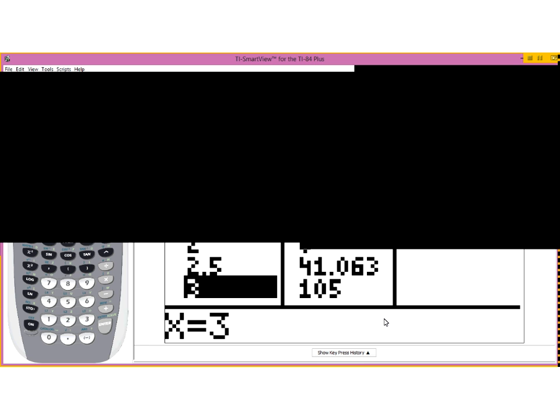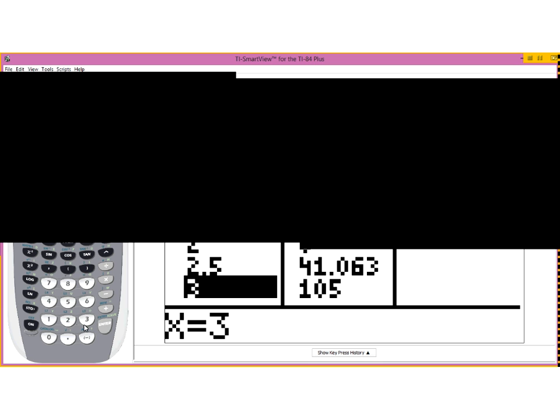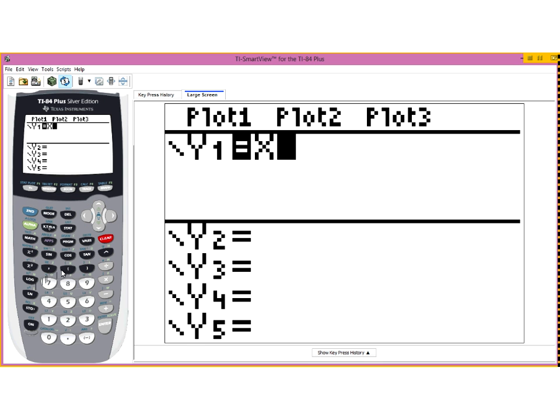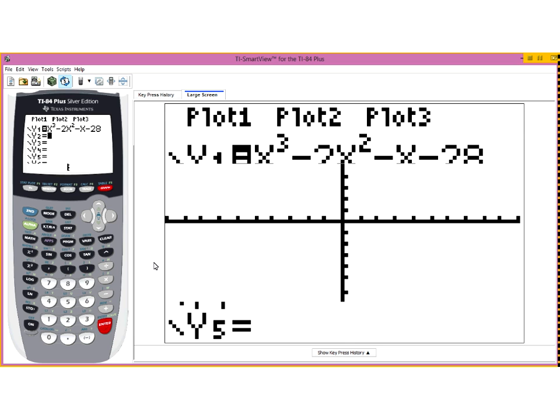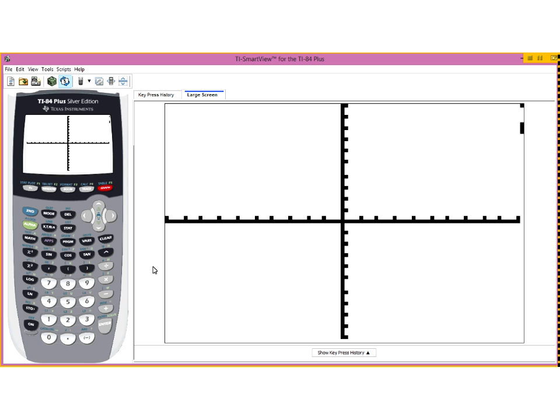Okay, so we have to graph that. x cubed minus 2x squared minus x minus 28. Okay, we graph that. All right, and we see a 0 right there.